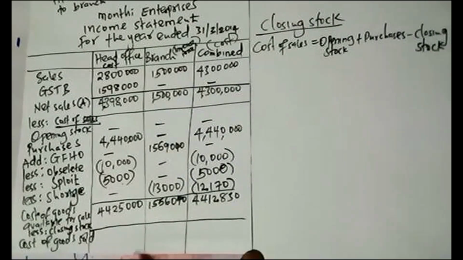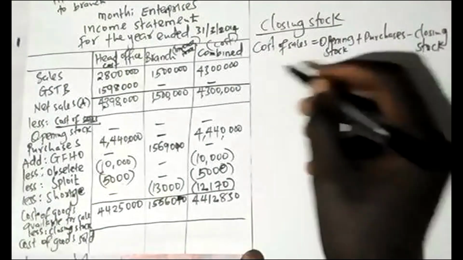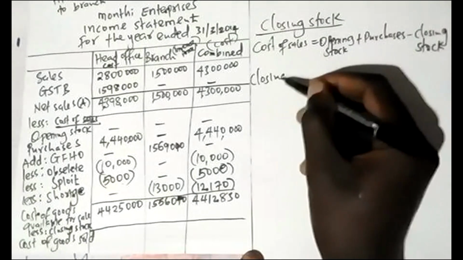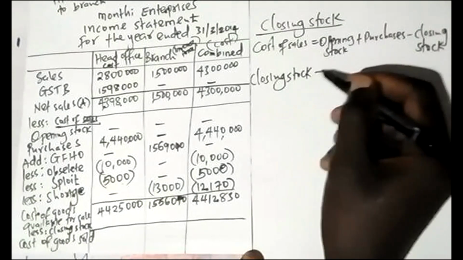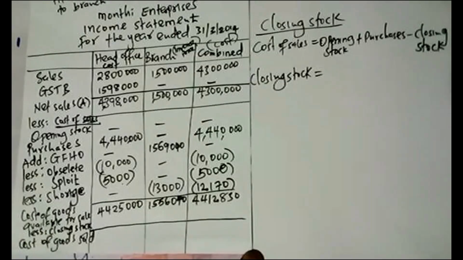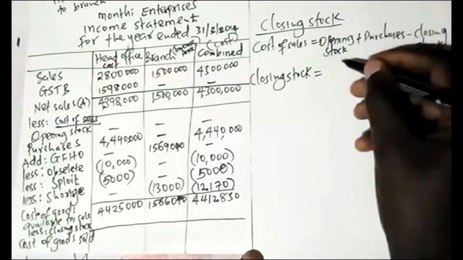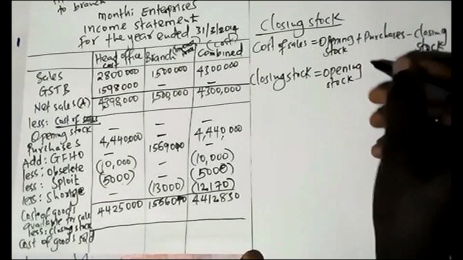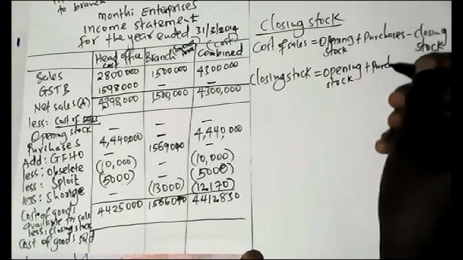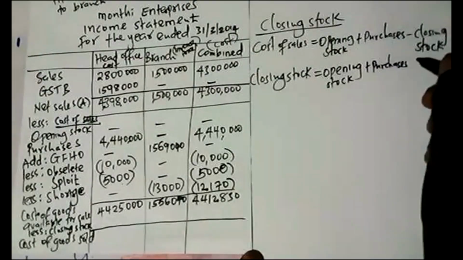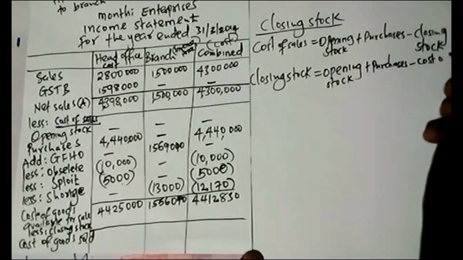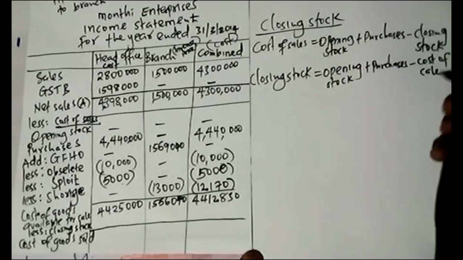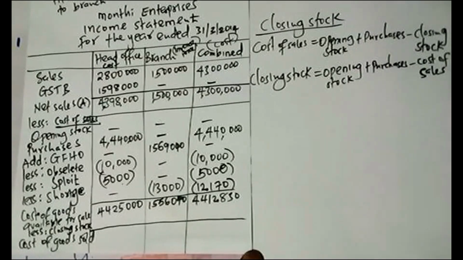So that to get now my closing stock, I will make it to be the subject of the formula, so that it will be opening stock plus purchases minus cost of sales.